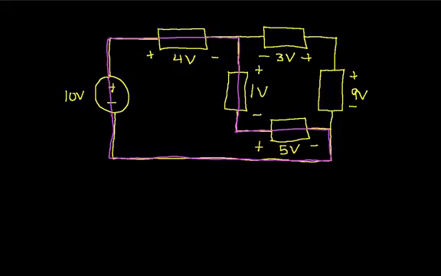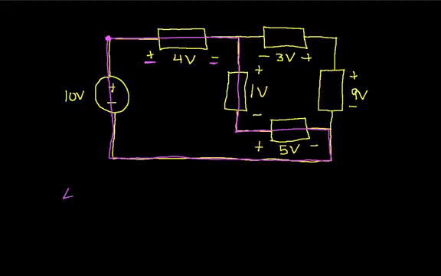As I go along this closed path, again, we'll assume we're starting right here, I keep track of the voltages that I encounter. If I encounter a voltage going from a higher potential to a lower potential, as I would here, I write it down as a positive voltage.